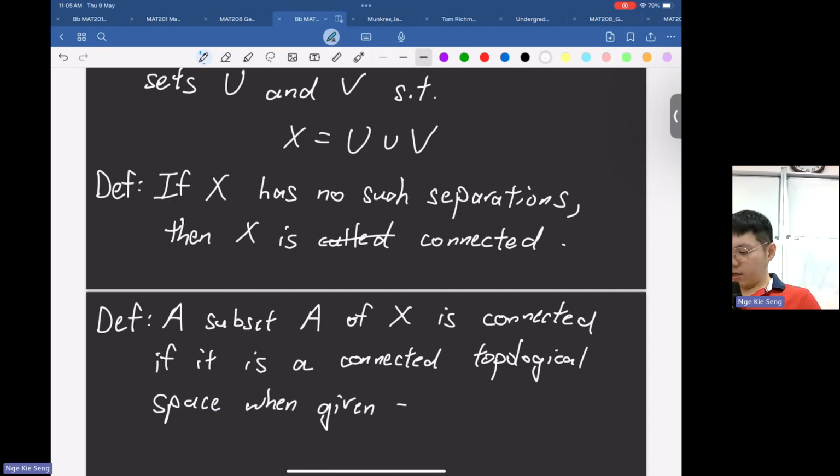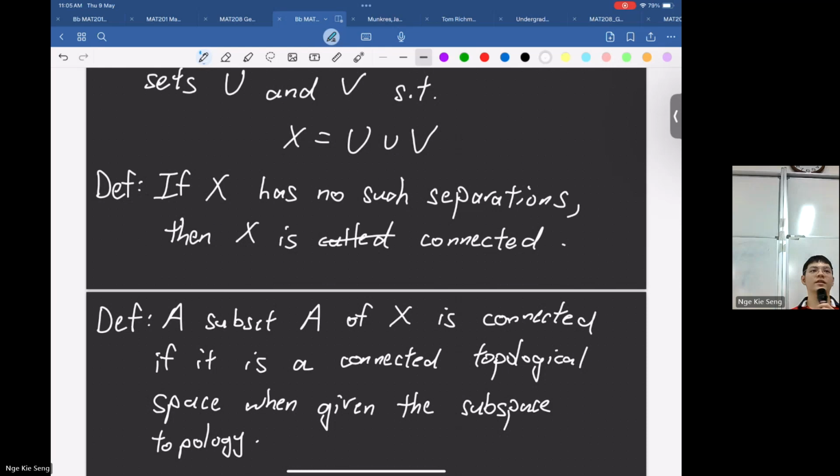When you read this definition, you see I just start from a subset A. I didn't say a subspace A, I said a subset A of X is connected. How is a subset connected? If it is a connected topological space. But I didn't tell you what's the topology on the subset yet.